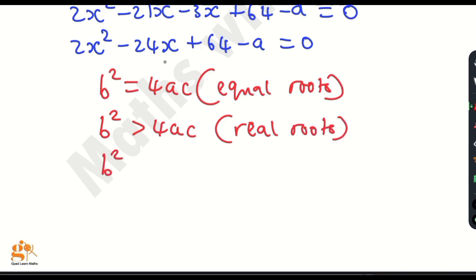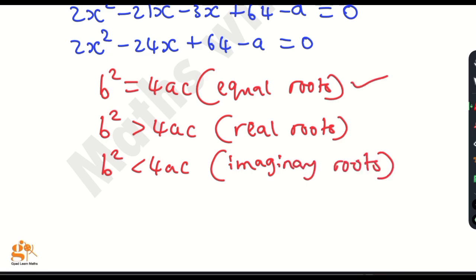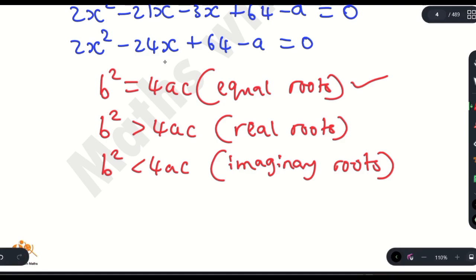Well, if b squared is less than 4ac, then this is imaginary root. But in this case, we can say it has equal root, because the straight line touches the curve at a given point, just one point. So we are going to use b squared is equal to 4ac.